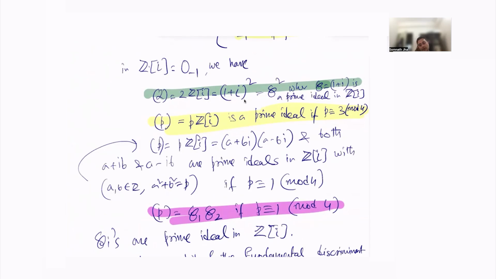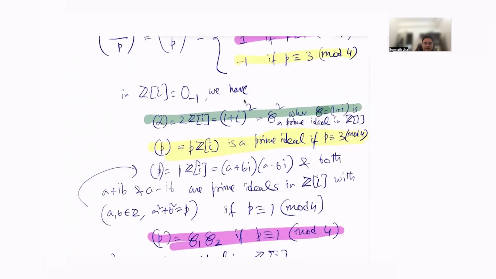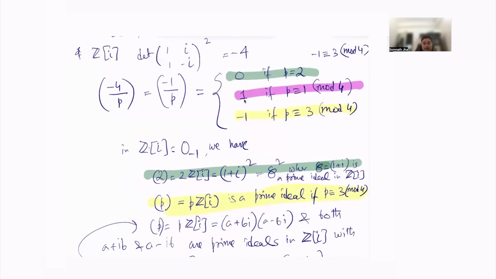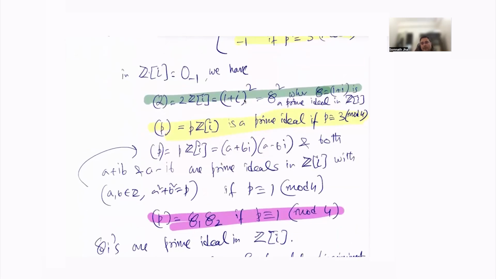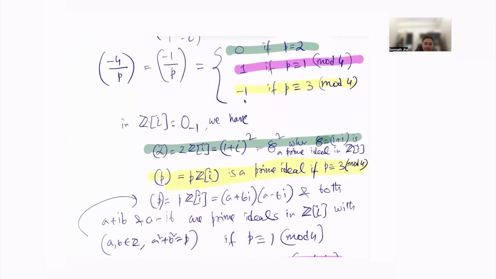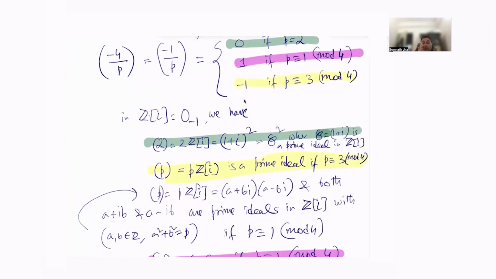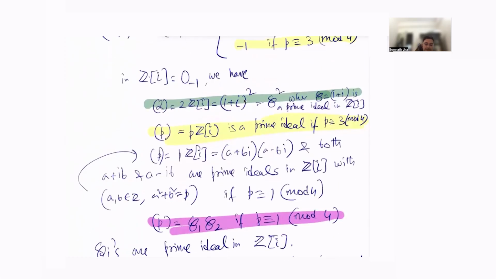So the prime ideal p times O_D may not remain a prime ideal. It will be an ideal in O_D, a principal ideal in O_D. And several cases can happen. It may remain a prime ideal, like Z[i] is the case, and that is the case if the Legendre symbol is -1. It may become the square of a prime ideal. It is precisely the case if the Legendre symbol is 0.